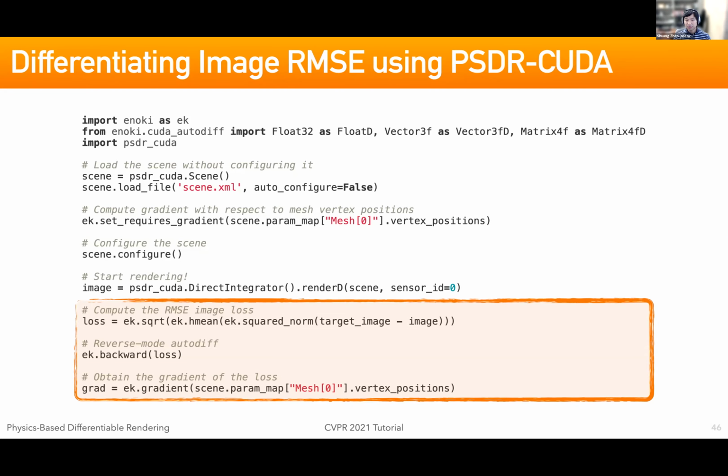In the end, you will get the gradient of the loss function with respect to the vertex positions. Then by using this gradient, you can do, let's say, stochastic gradient descent, and update the vertex positions. That's how PSDR CUDA works, and Mitsuba 2 works in a very similar way. That's the interface that most differentiable renderers already support.